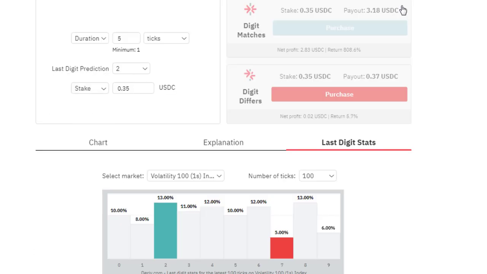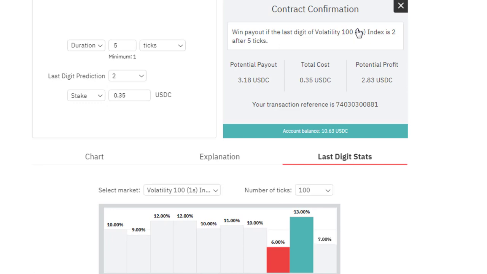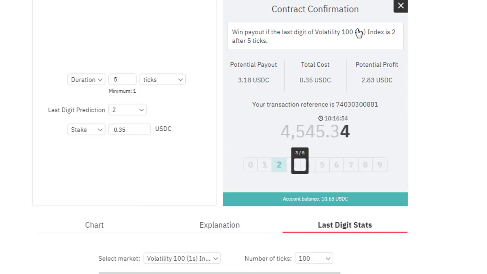If you like, you can change the number of ticks to whatever you want. You can use 10 ticks. It seems the statistics has changed.